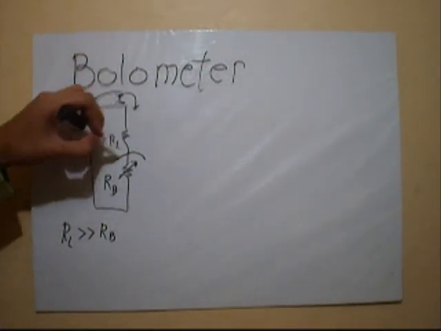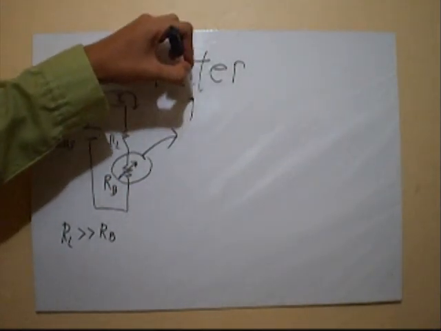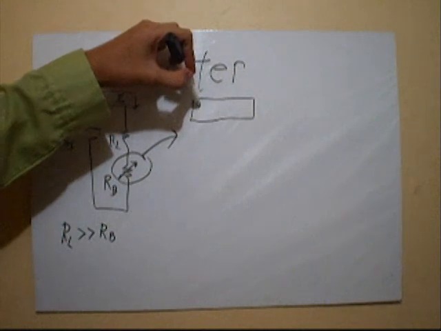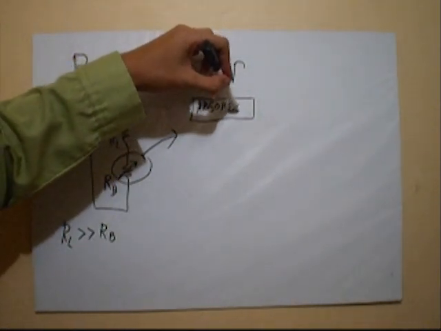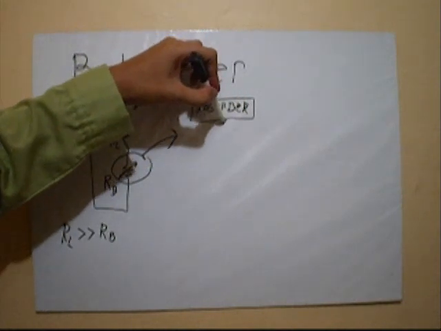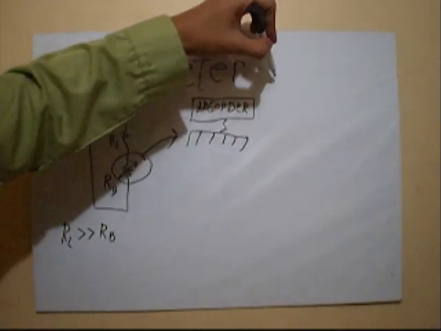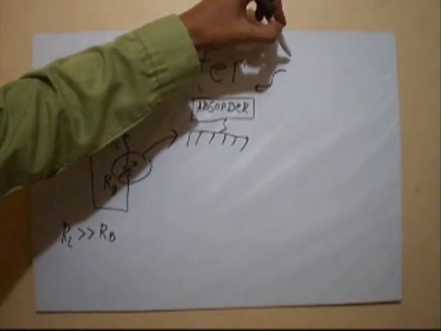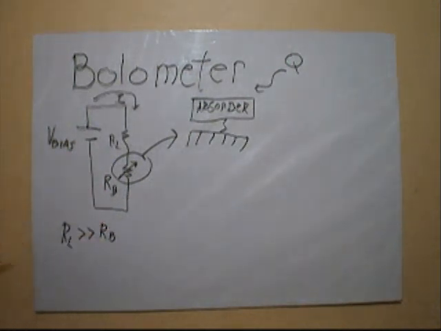If we focus on this part of the circuit, it looks like this. The absorber, the thermal link, and the heatsink. And this is the radiation from what is being measured.